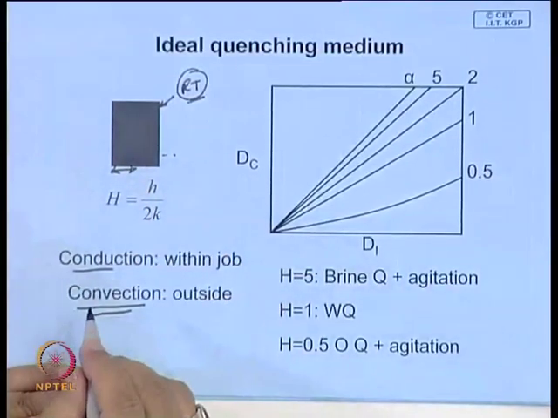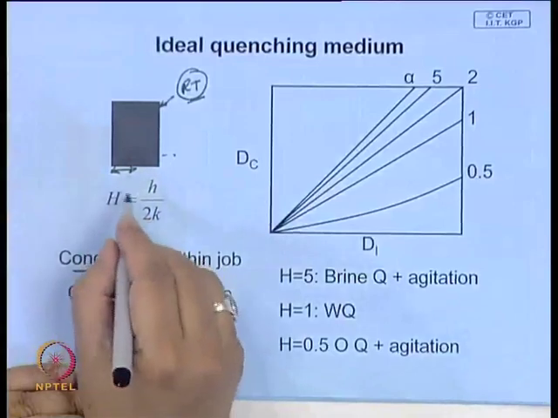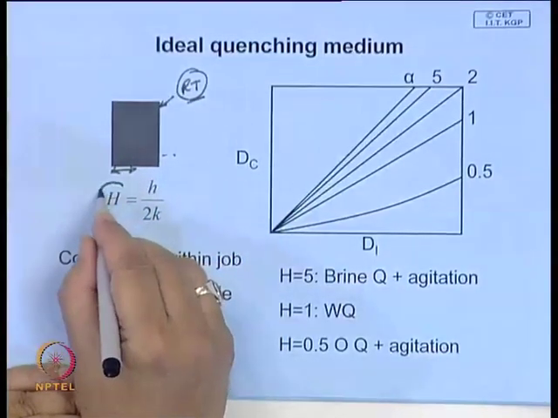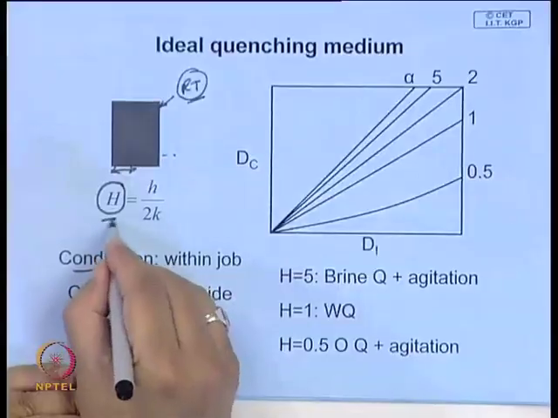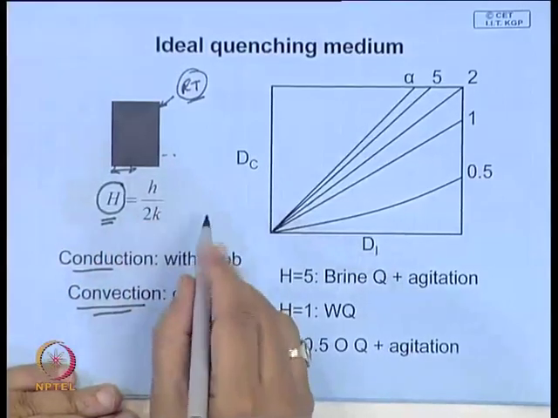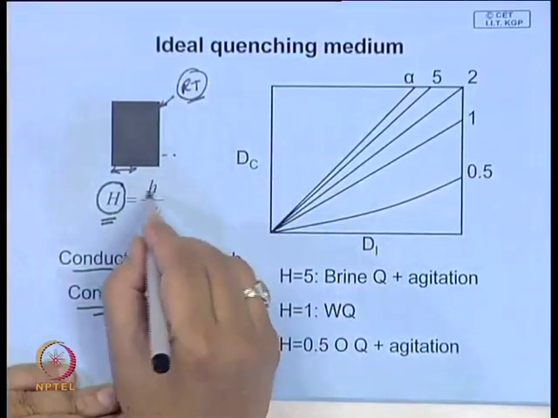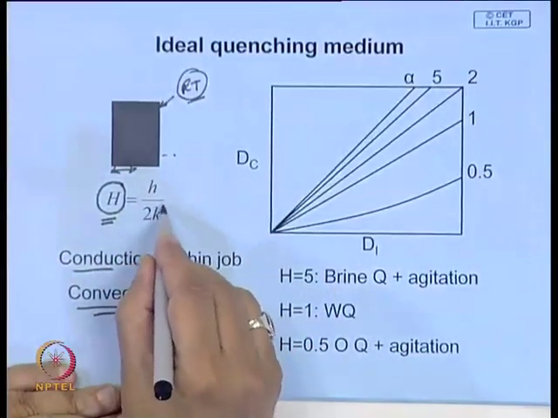So, we can think of a quenching severity parameter defined as H, the ratio of the convective heat transfer coefficient h to the conductivity of the job.